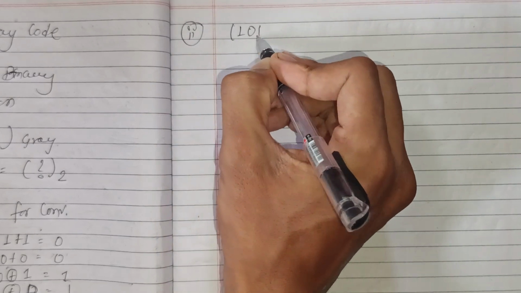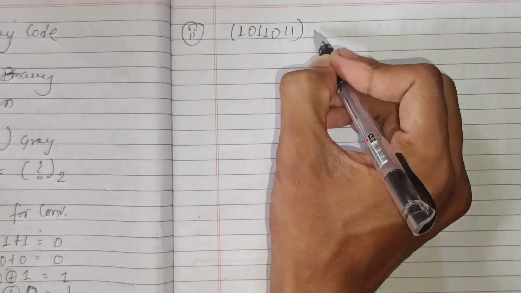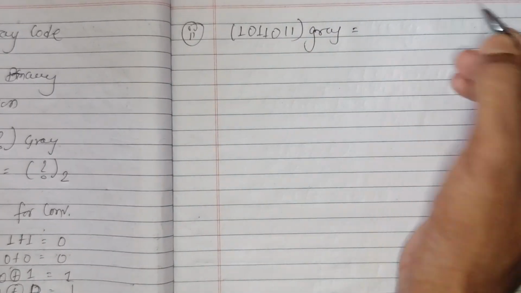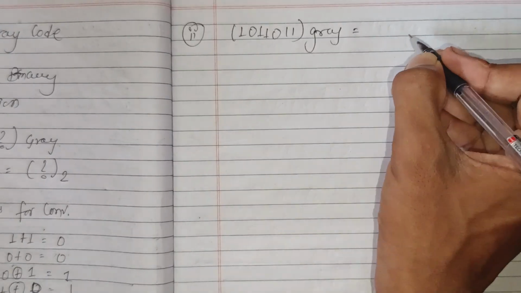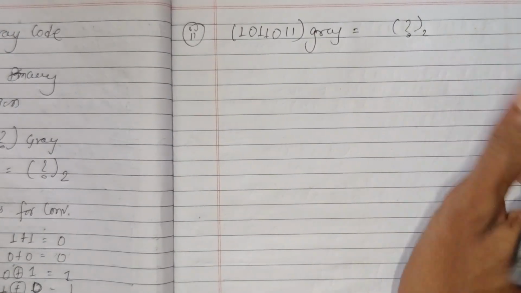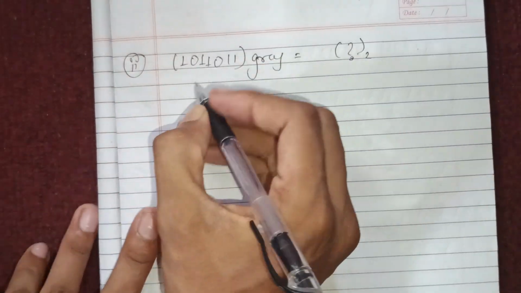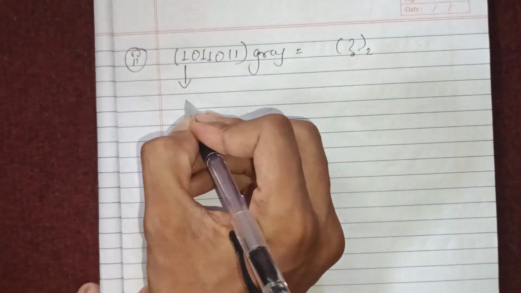The gray code is 1 0 1 1 0 1 1, gray to binary. I will also solve this question in two ways, gray to binary and binary to gray, to make sure all your doubts are cleared. Let's see. We write the first number as it is, 1.